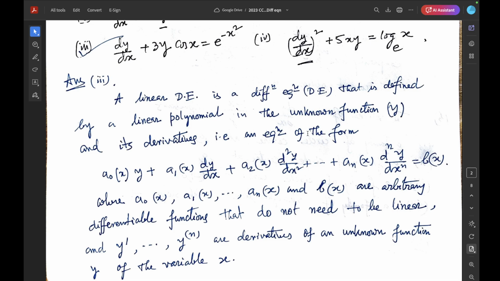That is an equation of the form a0 y + a1 dy/dx + a2 d²y/dx² + ... + an dⁿy/dxⁿ = b(x), where a0, a1, ..., an and b are arbitrary differentiable functions of x or constants that do not need to be linear, and y', y'', and so on are derivatives of the unknown function y of the independent variable x.